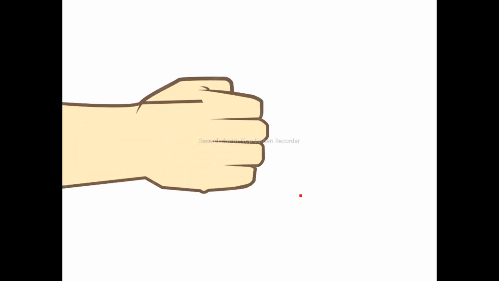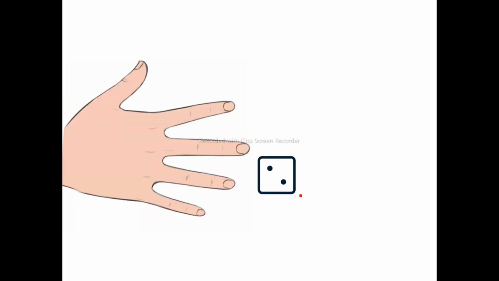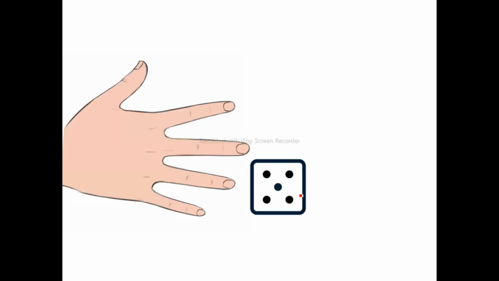Now we'll take an example. Suppose you are throwing a die. You got 2. One more time you have thrown the die. You got 5. So you have thrown this die 2 times, so 2 is the number of trials. In the first trial you got 2, in the second trial you got 5. So 2 and 5 are events. Throwing a die is an experiment.